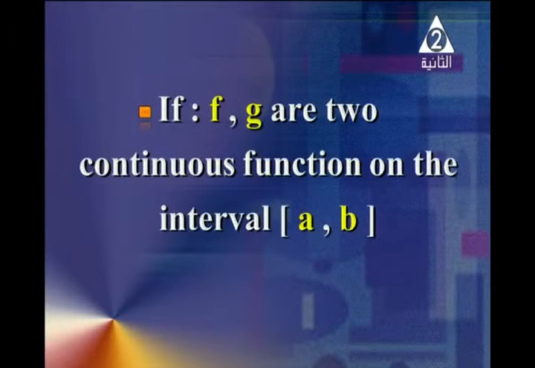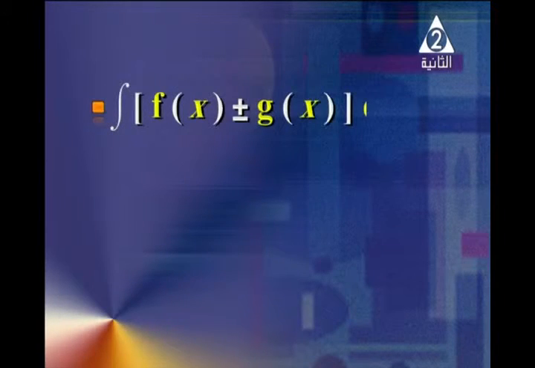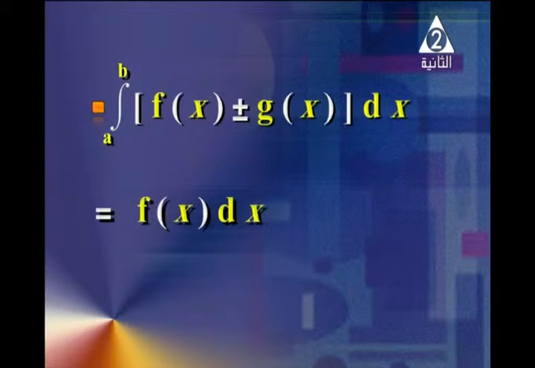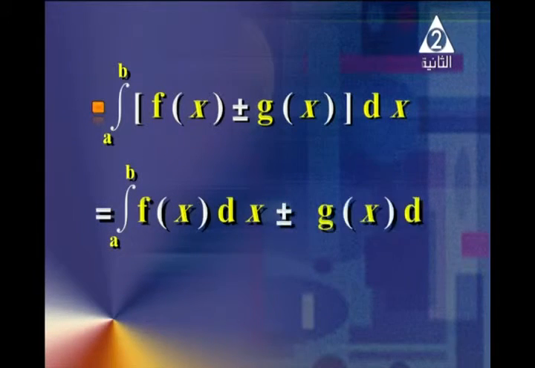Dear student, if we have two functions f and g that are continuous on the closed interval [a, b], what do you deduce? The integration of the sum or difference of the two functions f(x) and g(x) with respect to dx from a to b equals the integration of f(x) dx from a to b, plus or minus the integration of g(x) dx from a to b.